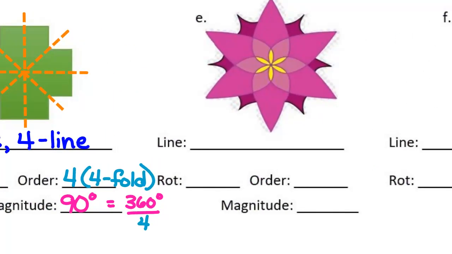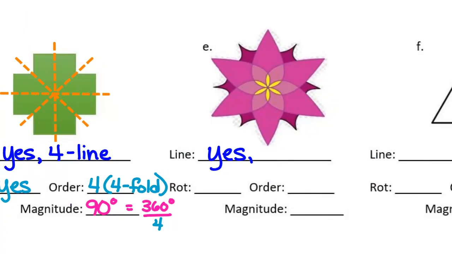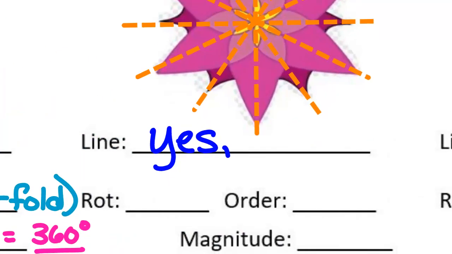On E, do we have line symmetry here? Yes. How many lines of symmetry? Close. 6. Here's 1, 2, 3. If I go through all the little spikes here, and I can get another 3 by going through the petals, 2, 3, for a total of 6.